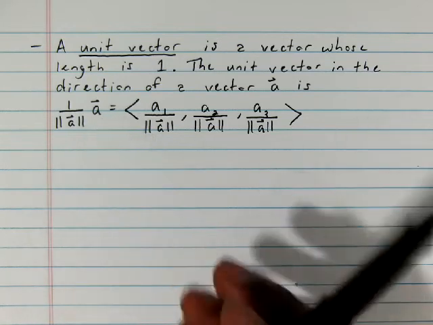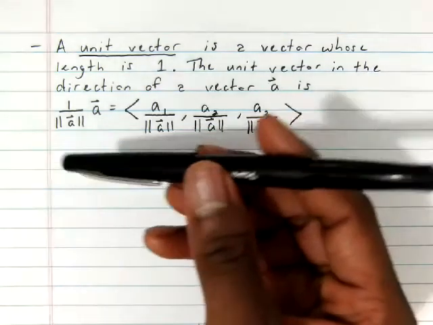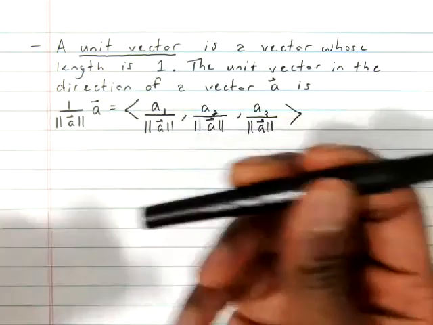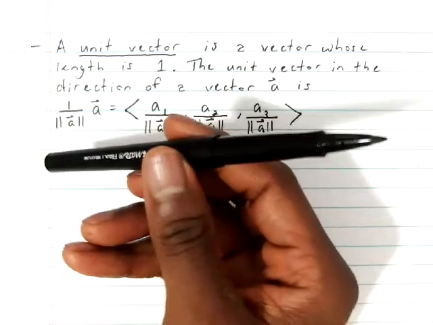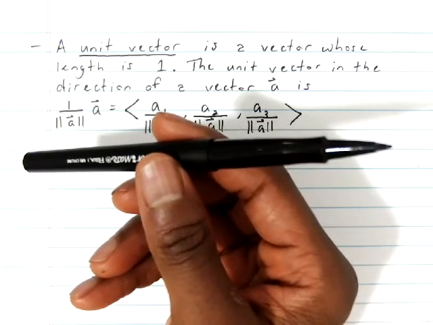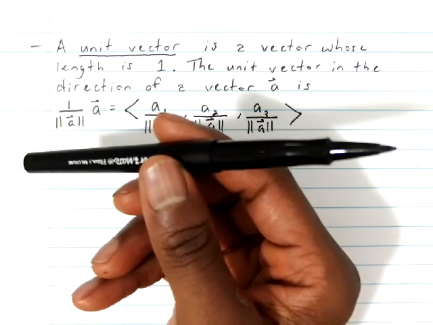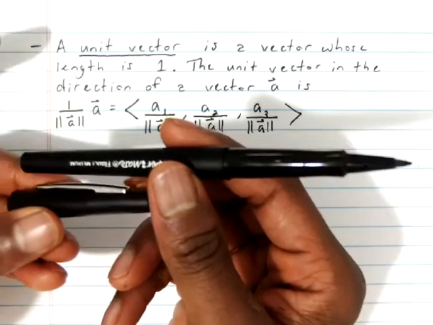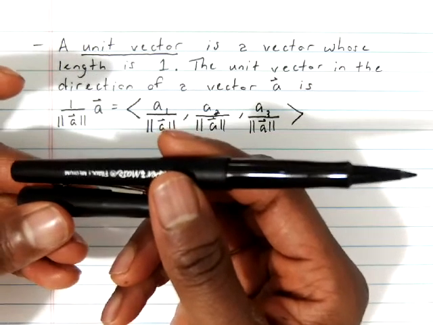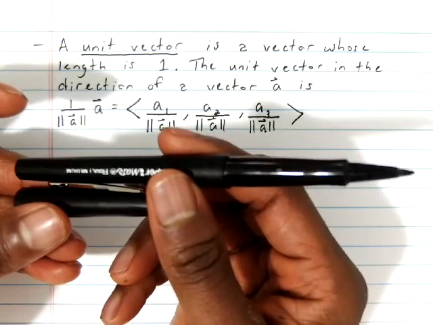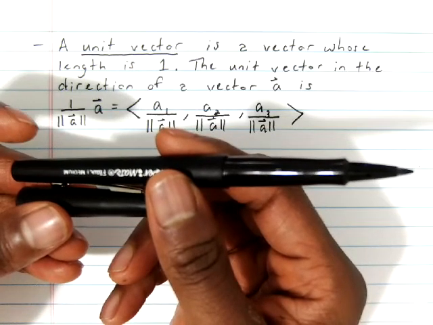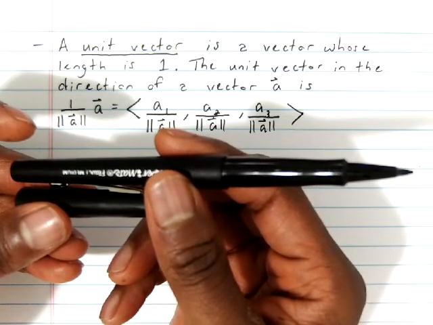So if my marker were a vector and it has length, we'll say, 2, and I want a unit vector that points in the same direction, I would take the length of my marker, which is 2, and then divide all of the components of my marker by 2.